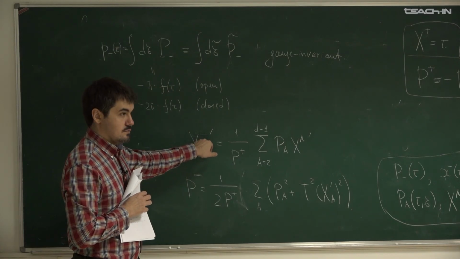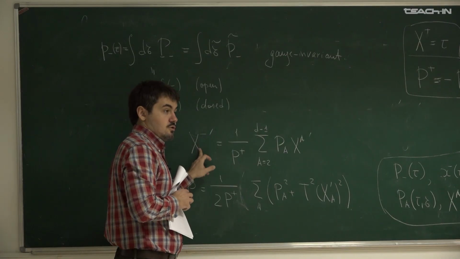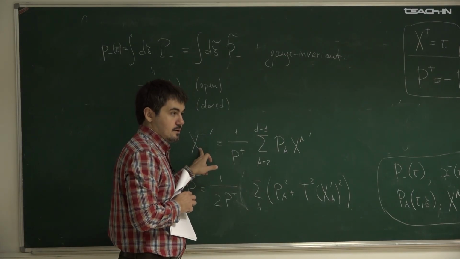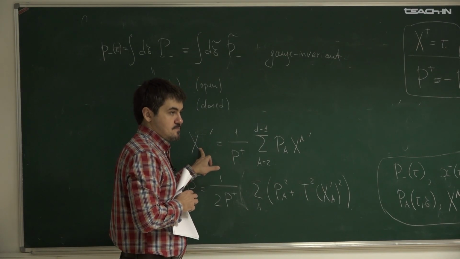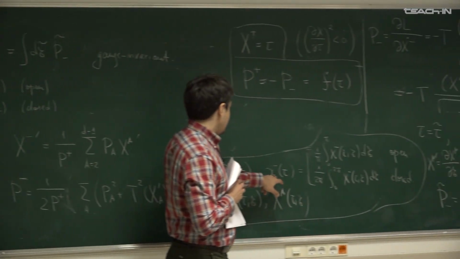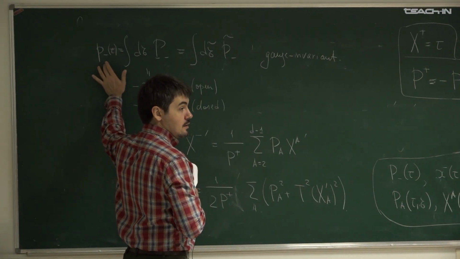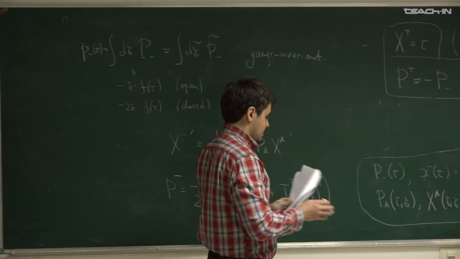Because that's the derivative. So the overall shift cannot be determined from here, the overall constant in sigma. So the point is that this x minus is conjugate to this p minus, and they still remain in the theory.